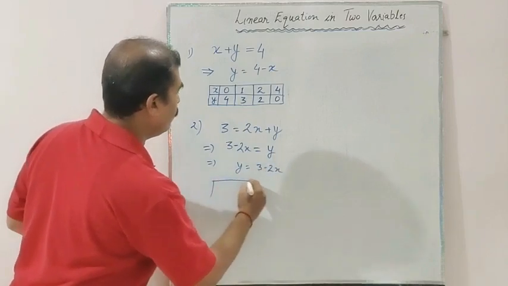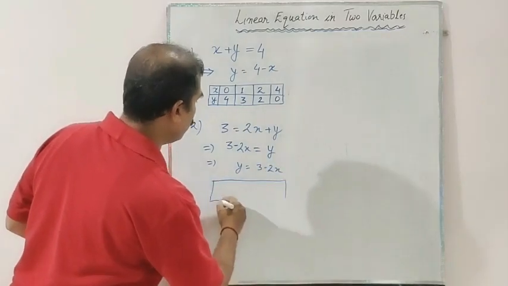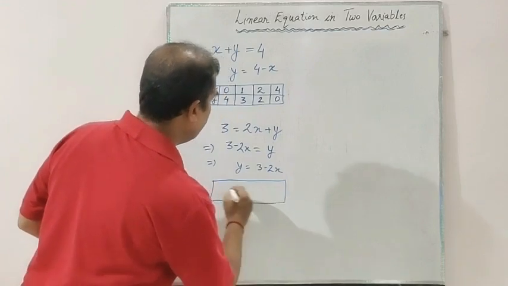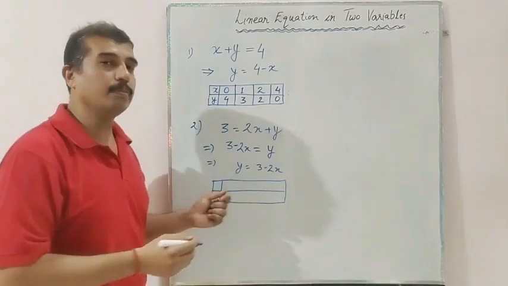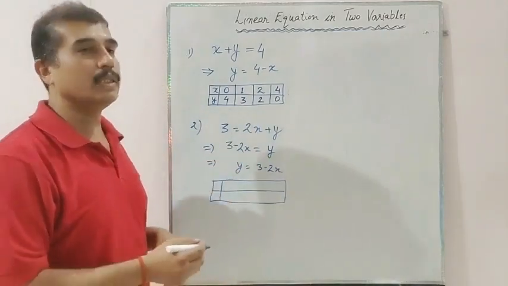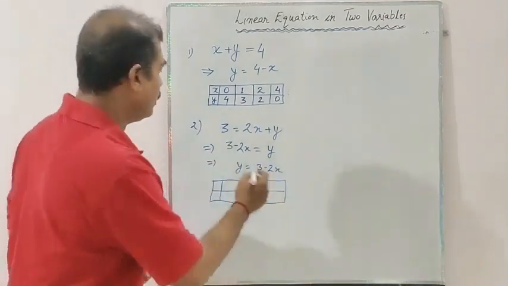Now in the same way we will be finding out the various solutions. We can represent them either in terms of a table, or we can also represent the solutions in terms of coordinates.